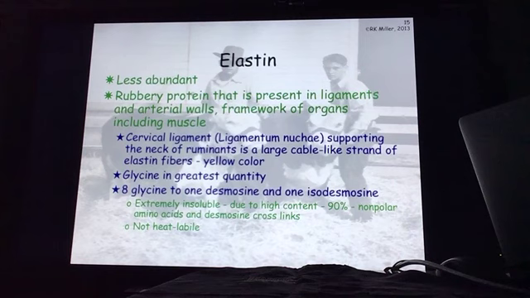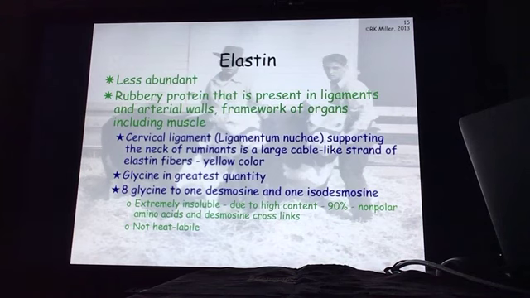And so one of the things that you always do as a meat scientist is that for the chuck and the rib cuts, where the cervical ligament runs along the top of the spinous processes, you always define that it be removed.